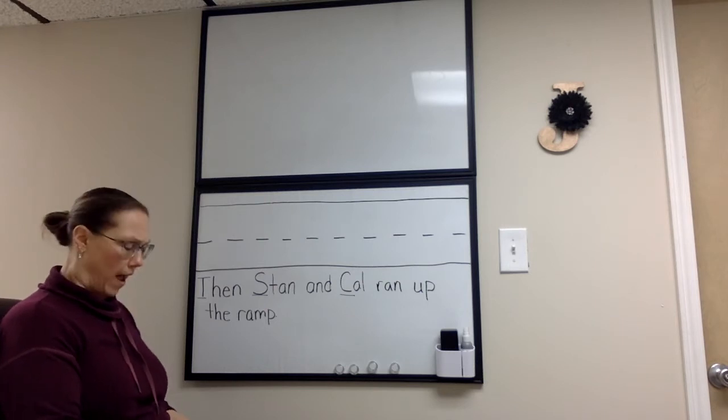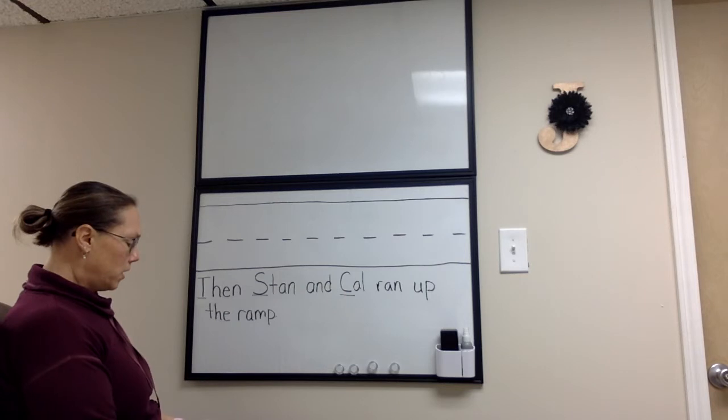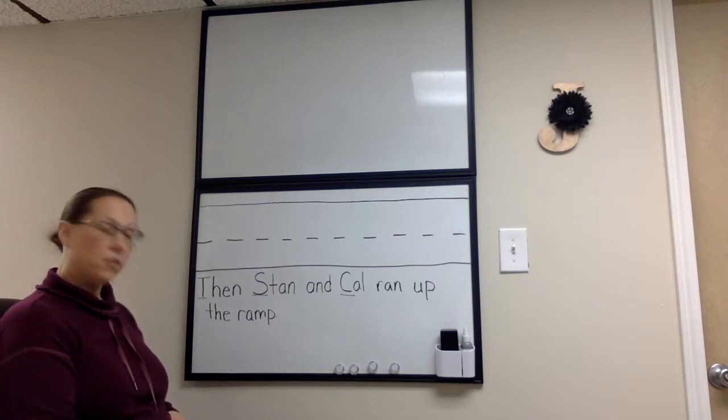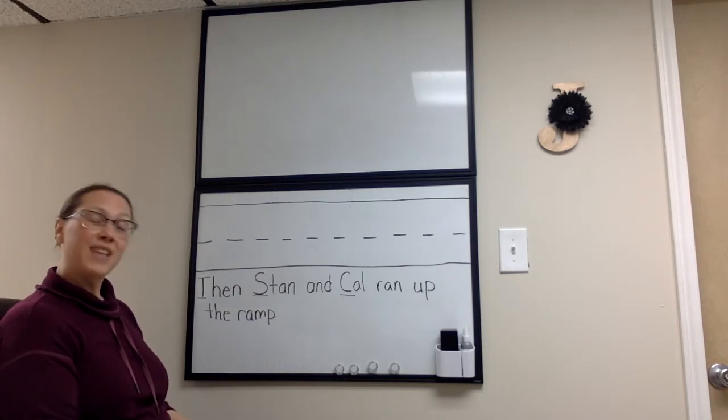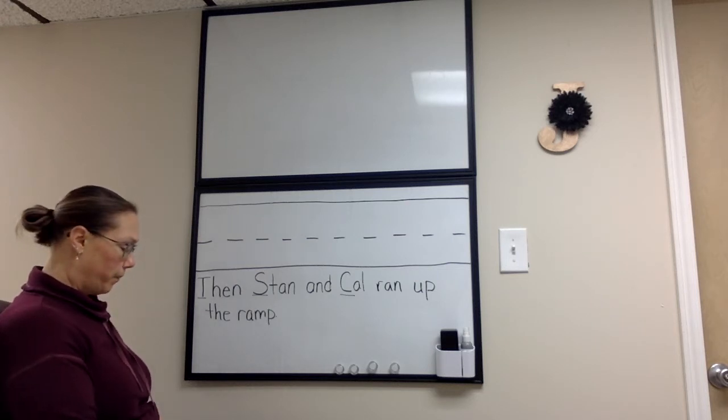Well, let's learn that. Some uppercase letters have a different shape than their lowercase letters. You will learn to recognize and write several uppercase or capital letters over this unit.